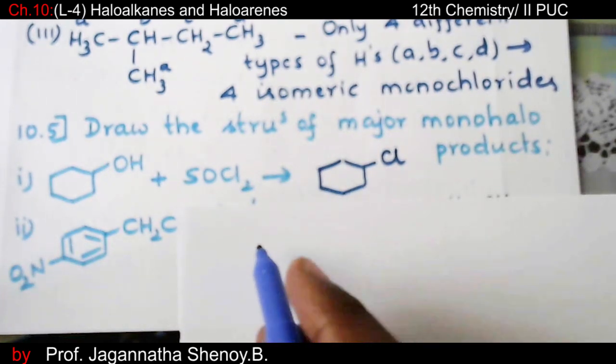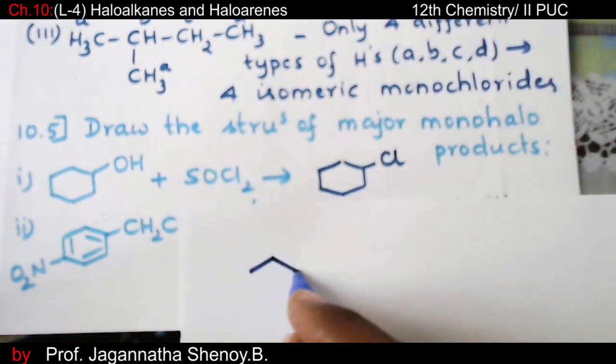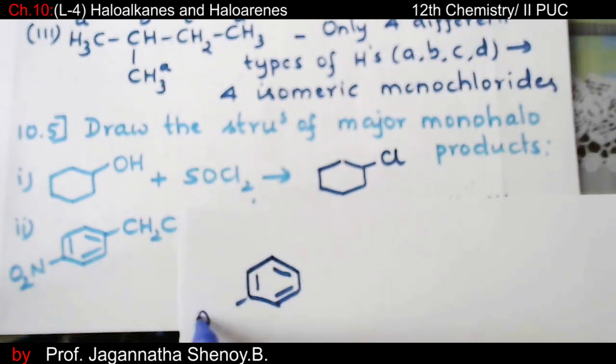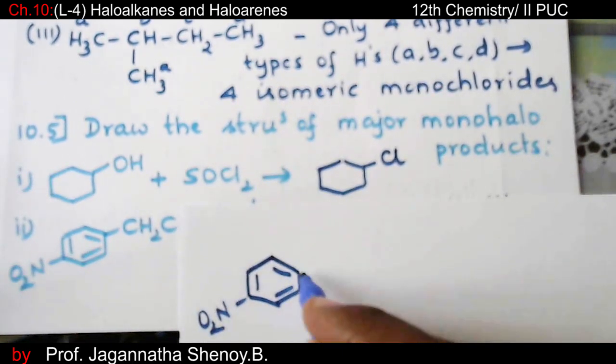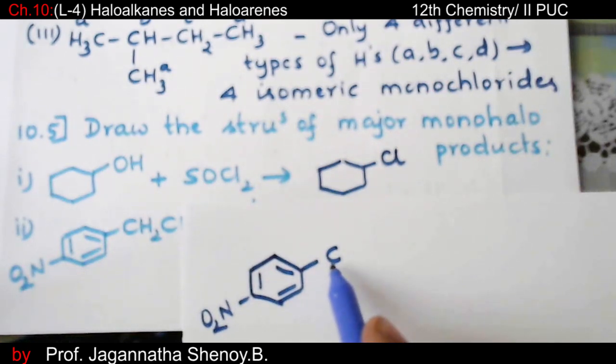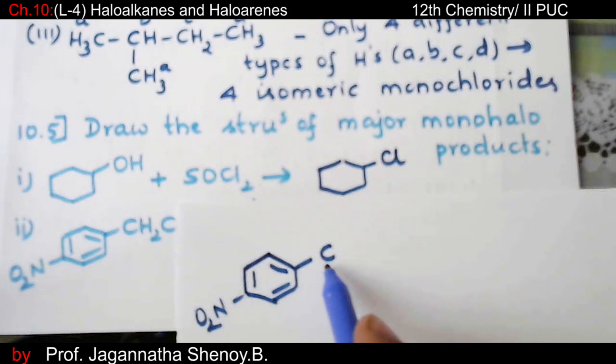In order to understand that, let me explain this concept. You have a benzene ring here and you have NO2. This carbon atom is called benzylic carbon atom. And in class 11th, you have already studied that benzyl free radical is the most stable one.